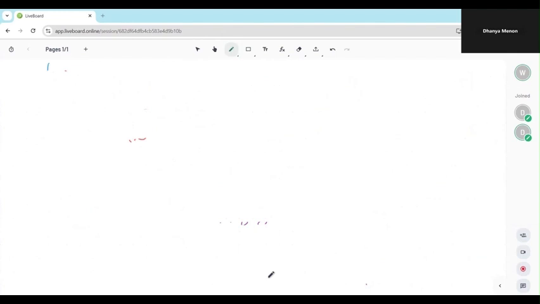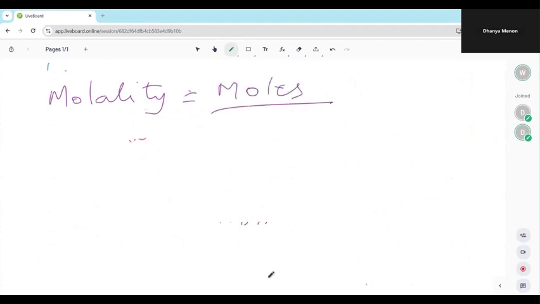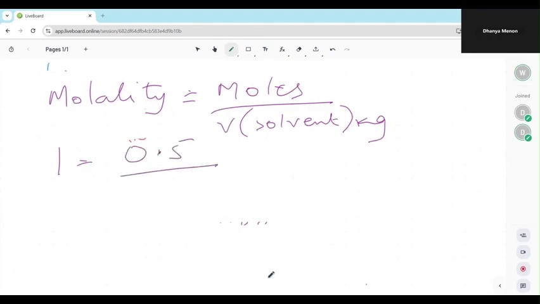Molality, you know already the formula. Molality is given by number of moles by volume of the solvent in kg. Okay, so molality is 1. Number of moles they have given you directly, so it's easy, by volume in kg.